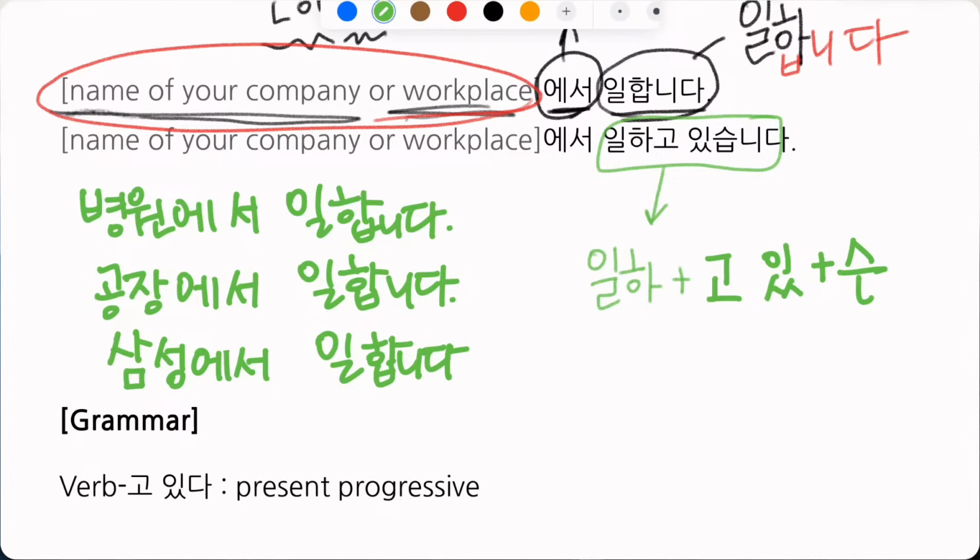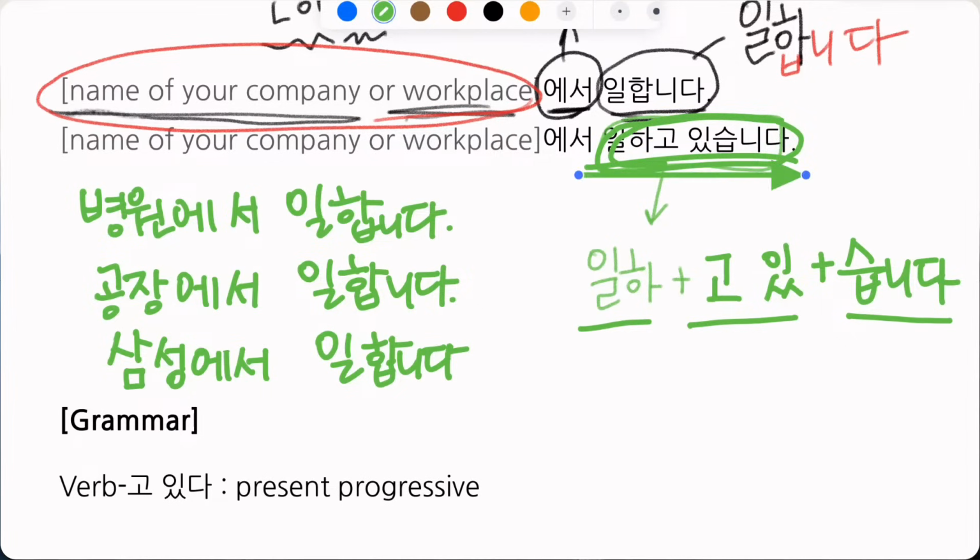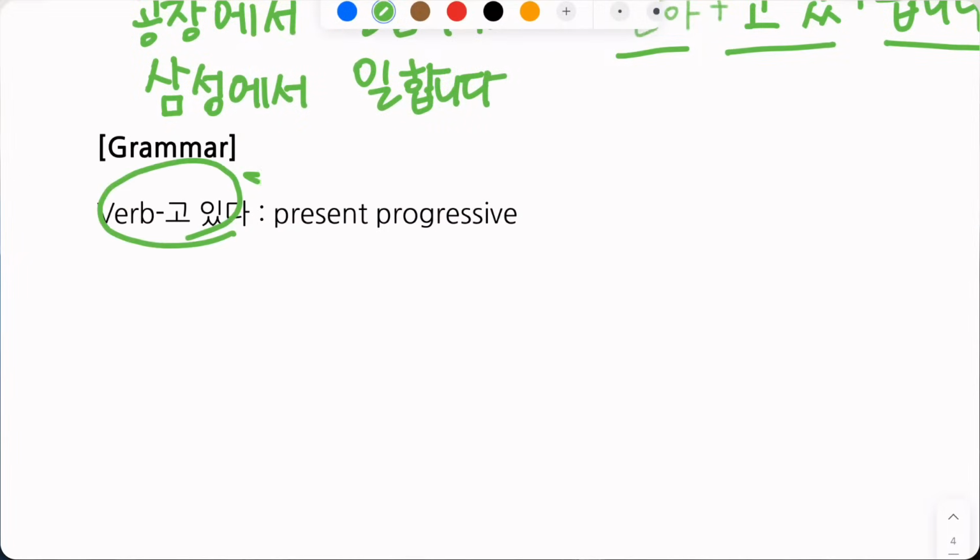And then you add 습니다. So it means you're working at this place. They're used interchangeably when you mean present progressive, either 일합니다 or 일하고 있습니다. 그래서 verb 고 있다, we just learned this grammar, which means present progressive.